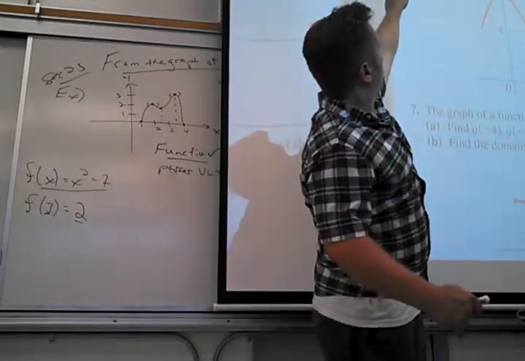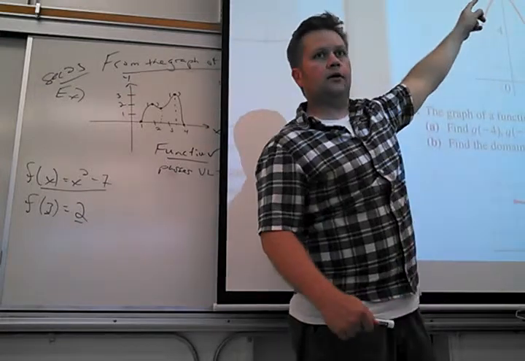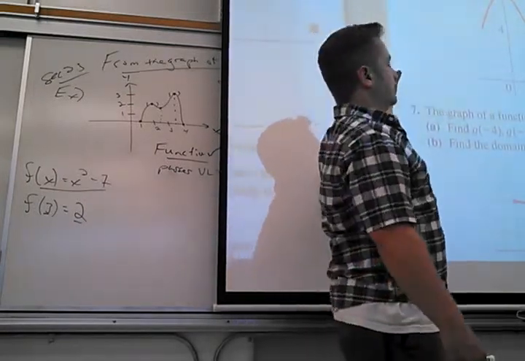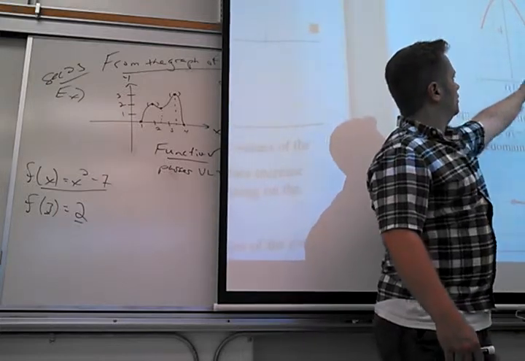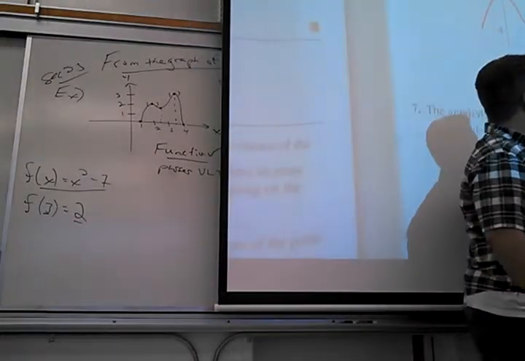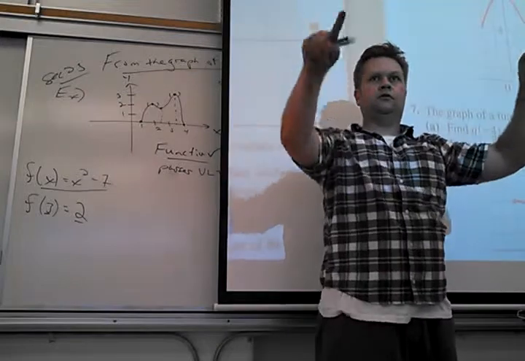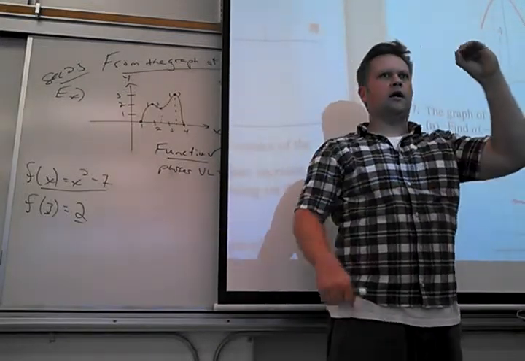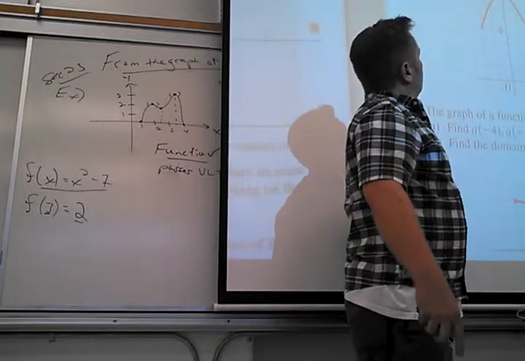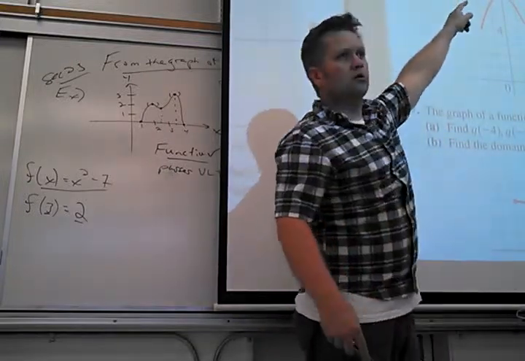What about part B? What's the domain of this going to be? What's the first x value that has an output? Negative 2. Yeah, from negative 2 to 8. Yeah, 4, 5, 6, 7, 8. So from negative 2 to 8 with brackets because they're included. They're not open circles there. What about the range?